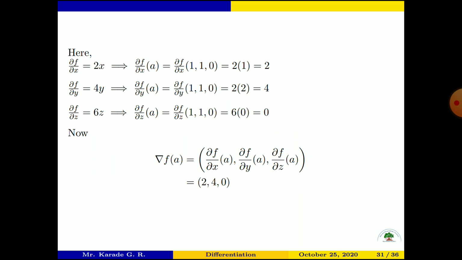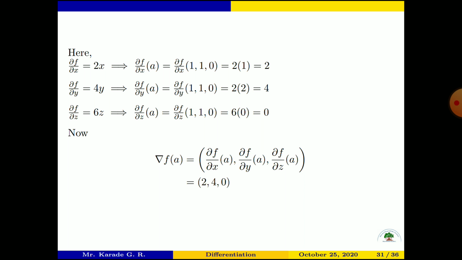Here the partial derivative of f with respect to x is equal to 2x, and dou f by dou x at point a is equal to dou f by dou x at point 1 comma 1 comma 0. It is equal to 2 into 1, which is equal to 2.